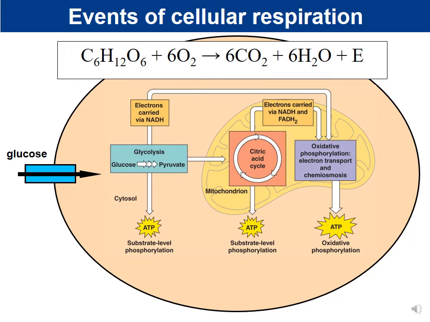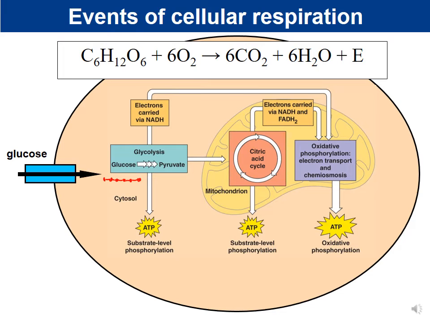Now again, what happens is that respiration begins in the cytoplasm. And so what we're going to do is we're going to take the 6-carbon sugar. Each of these dots represents a carbon.